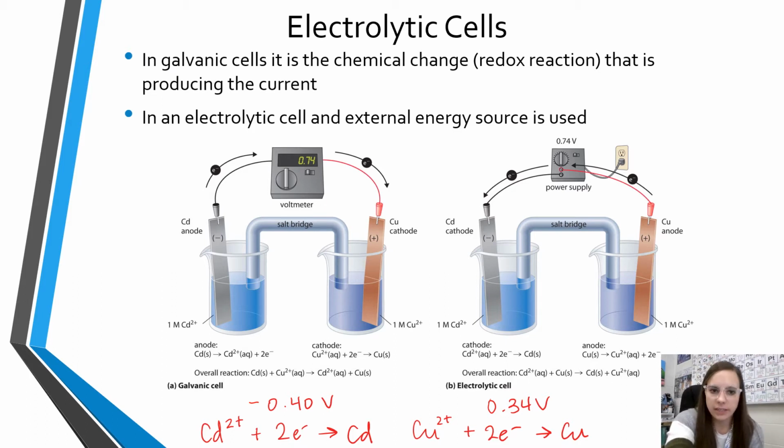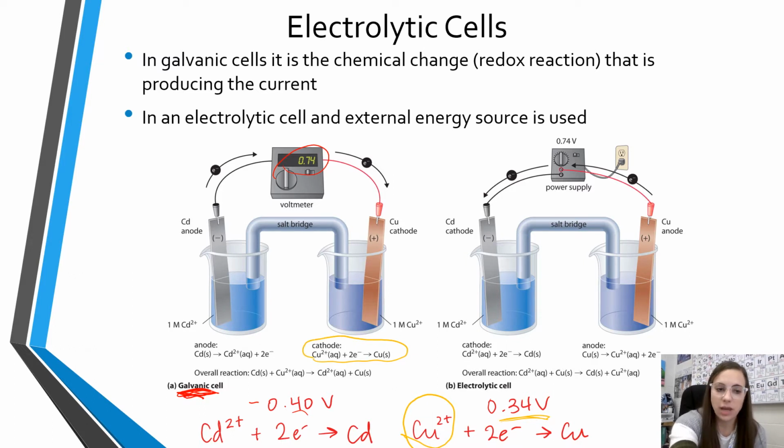In a galvanic cell, it's our redox reaction that produces our current, right? And in this galvanic cell on the left-hand side, we have a voltage of 0.74. Which makes sense because if we look down here at our cell potentials, we have negative 0.4 for cadmium and 0.34 for copper. Since this is a galvanic cell, the substance with the higher reduction potential is being reduced at the cathode.